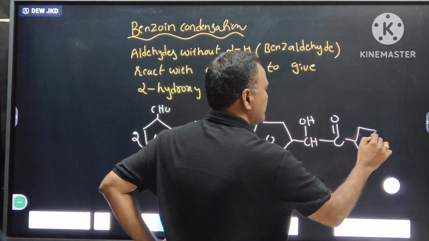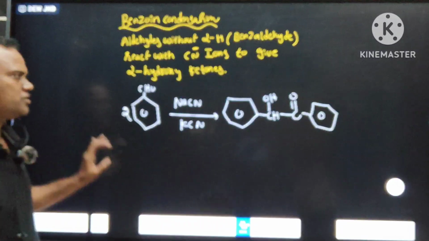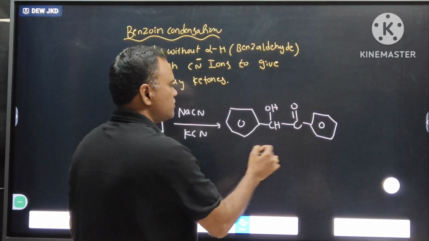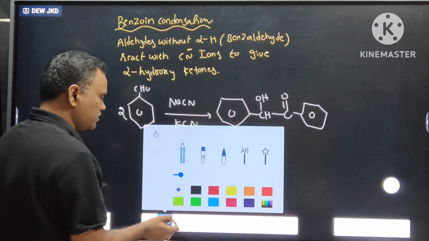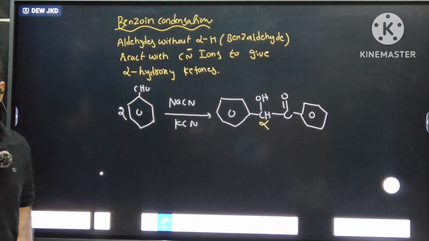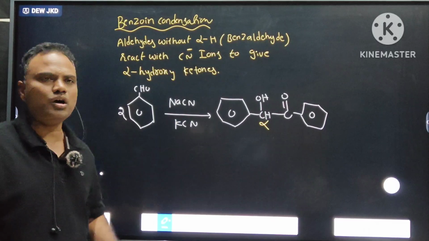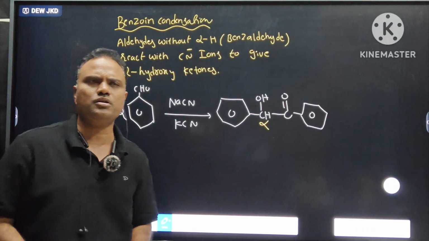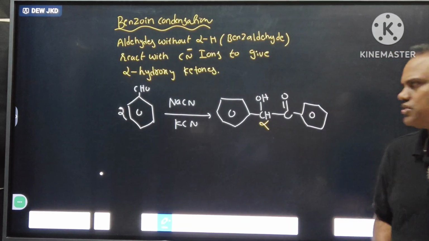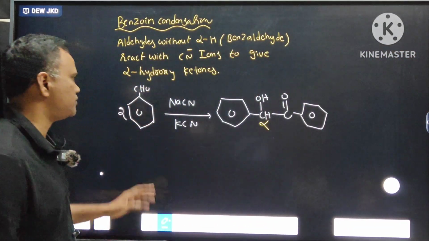So it is very easy to identify the benzoin condensation reaction. This is the alpha position. In the alpha position, a hydroxy group is present or not? So that is the hint. Mechanism is not important for NEET level. Just remember, alpha hydroxy ketone is the product in benzoin condensation.